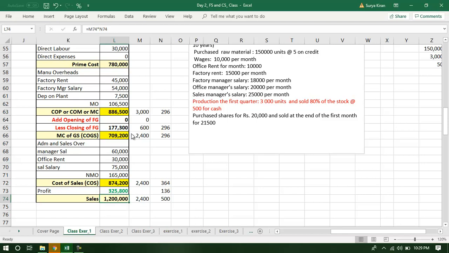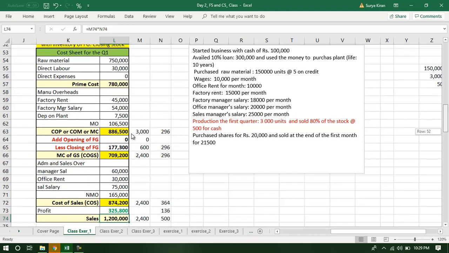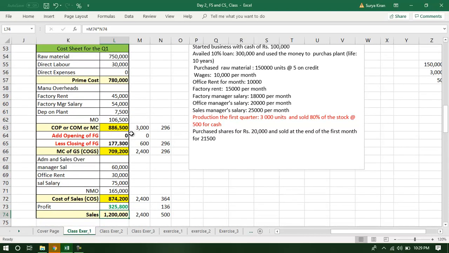Now the important point to be noted is the adjustment for the opening stock of finished goods and the closing stock of the finished goods. If there is an inventory, it has to be adjusted. But since there is no opening stock, you are not able to see the impact of opening stock on the total cost of goods manufactured.